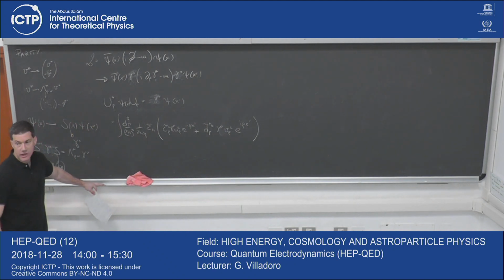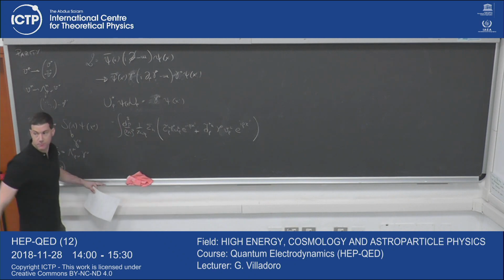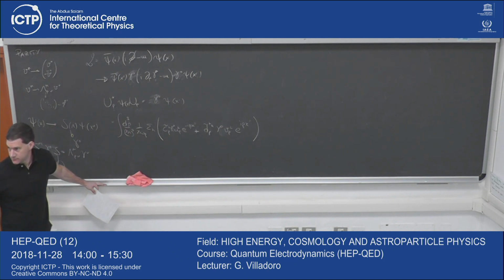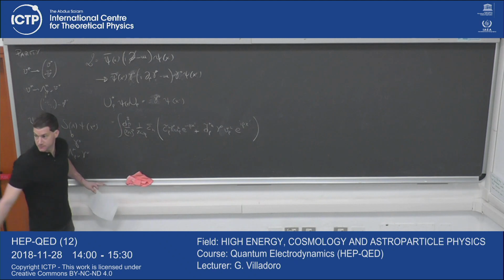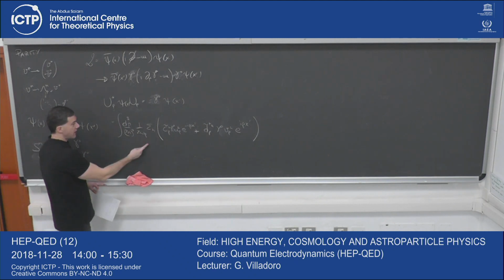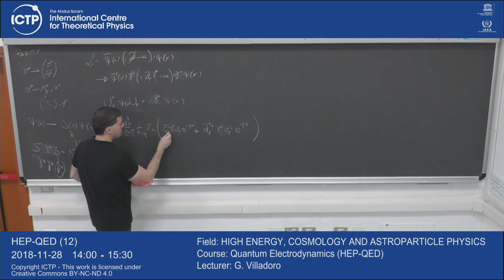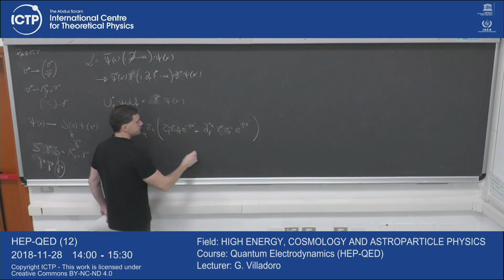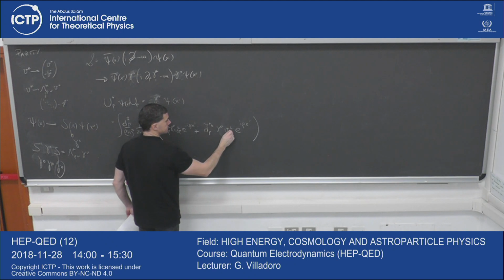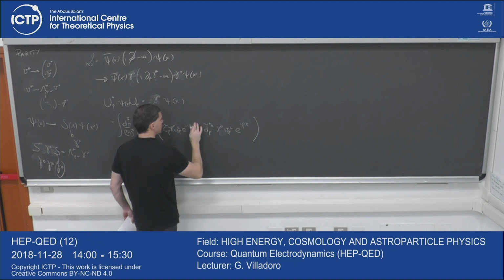Now I can make a change of the variable of integration, p into minus p. This is only the spatial part of p. As usual, this is invariant. p becomes minus p because this is just a spatial guy. And now p prime times x prime is equal to p times x.